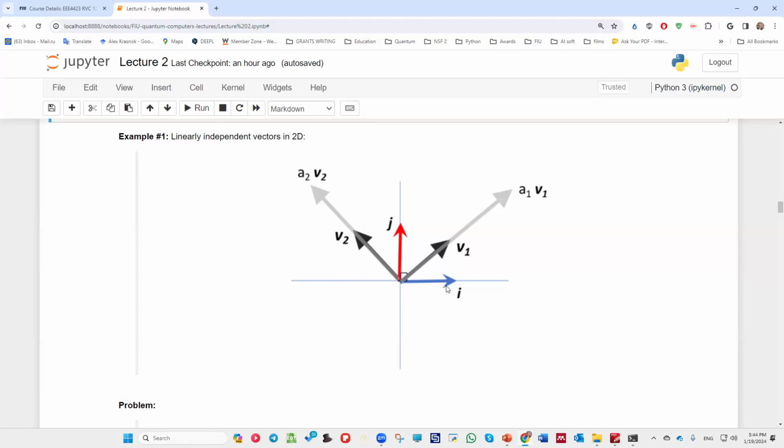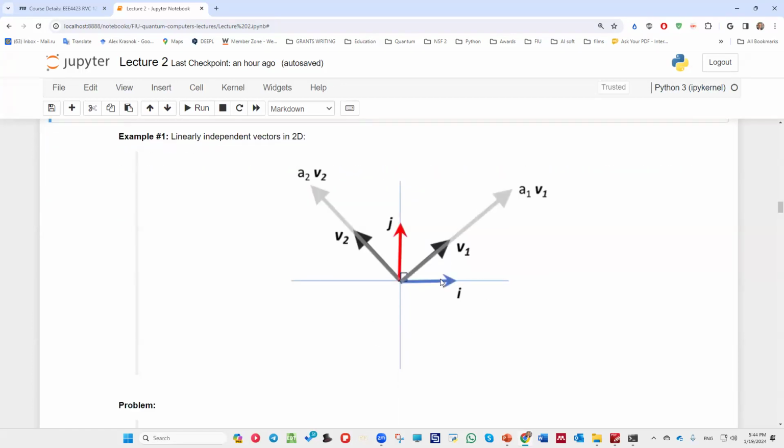We can, for example, introduce these unitary vectors i and j. These unitary vectors with the length 1, okay? And these vectors are orthogonal. You cannot transform i to turn it to j. So you cannot express i in terms of j and vice versa.